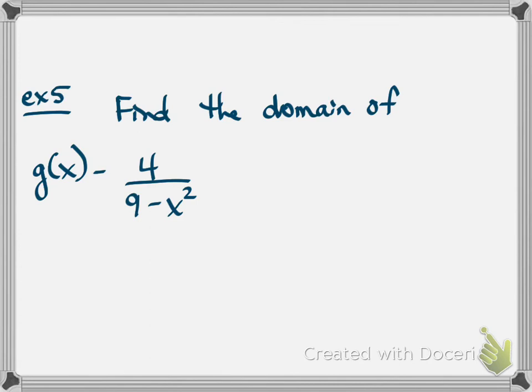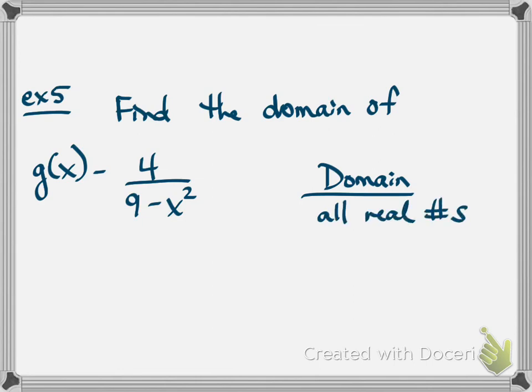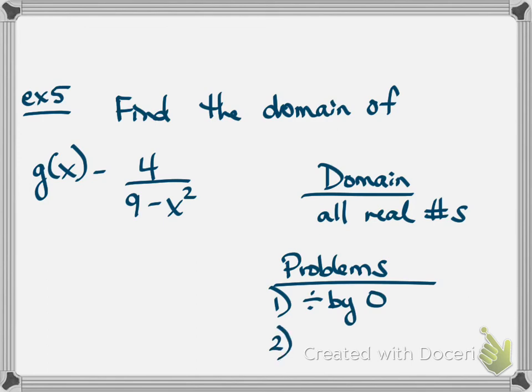So we want the domain to be all real numbers. But sometimes it's not. Sometimes there are limitations on the domain. So there are two problems for domain: dividing by 0 and square roots of negatives.